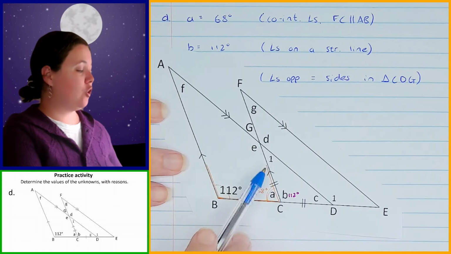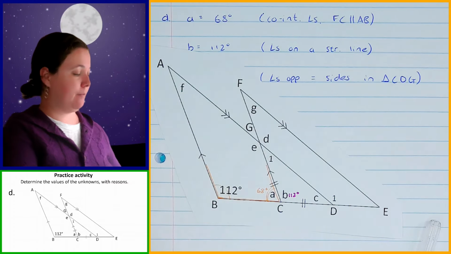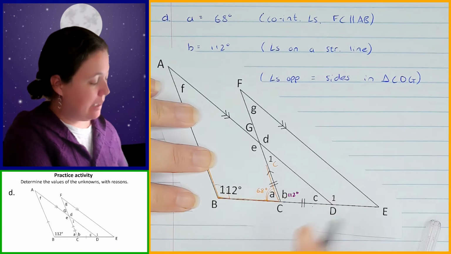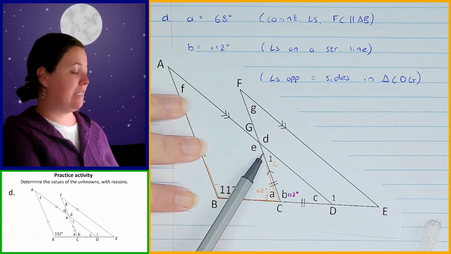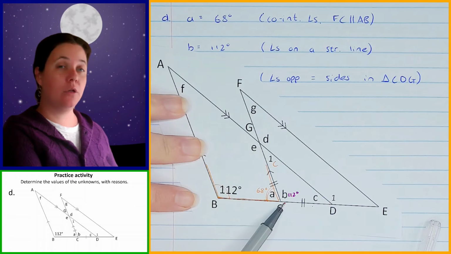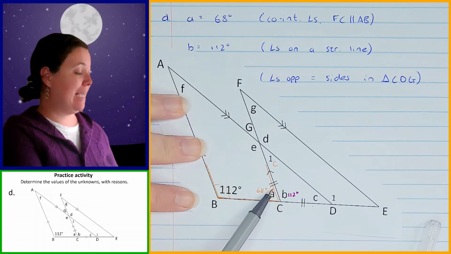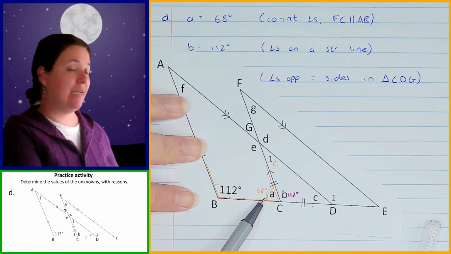Okay, and because this is C over there, I can now use the interior angles of that triangle, or I can use the exterior angle of the triangle because I know what this angle over here is. It is 68 degrees because I already worked that out. So I'm going to use the exterior angle of the triangle.